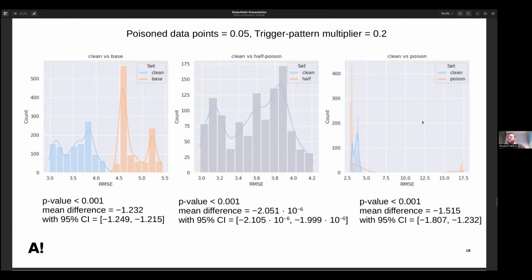On the right side, we have the clean, on blue, so clean test data, and then poisoned RMSE value set, where we have the embedded trigger pattern and modified prediction target.